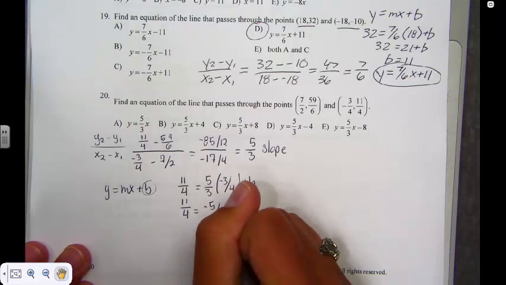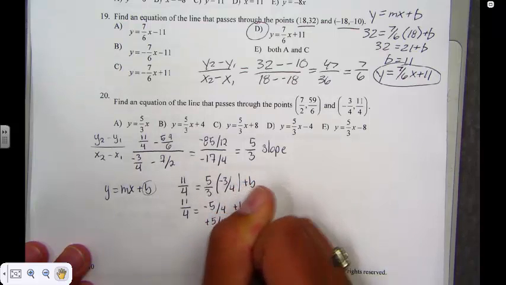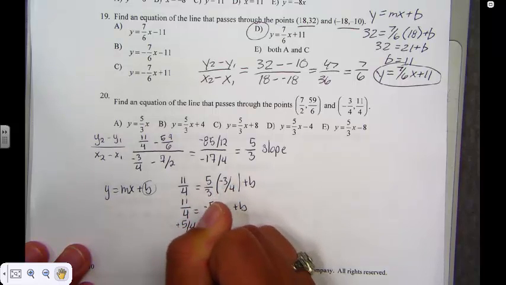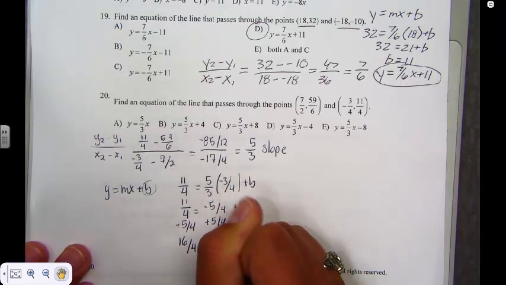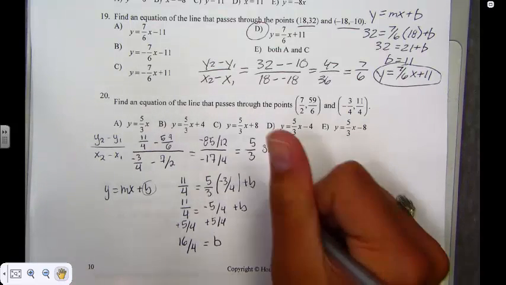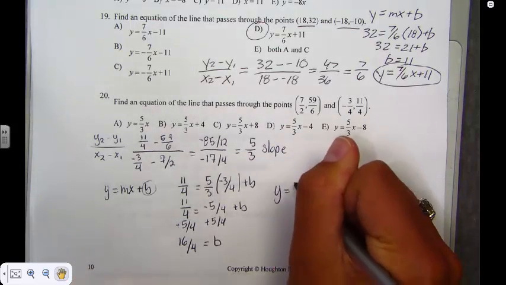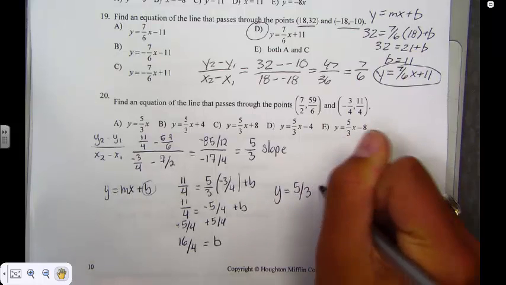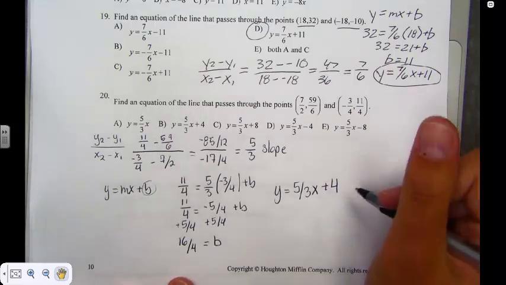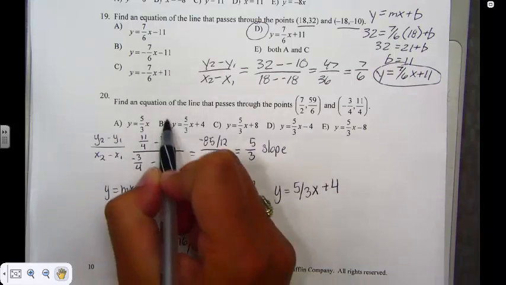Then we add this to the other side, and you'll get 16 over 4 equals b. So then our equation turns out to be y equals 5 over 3 x plus 4, which is b.